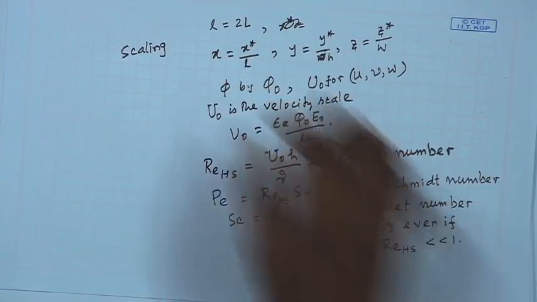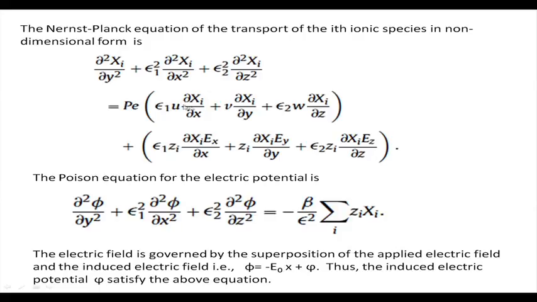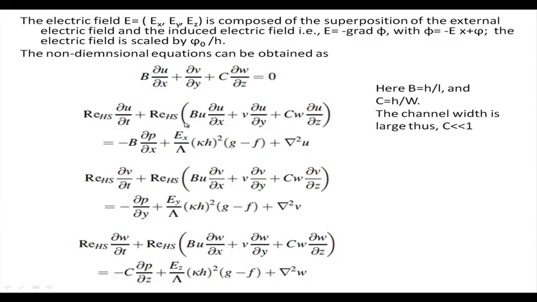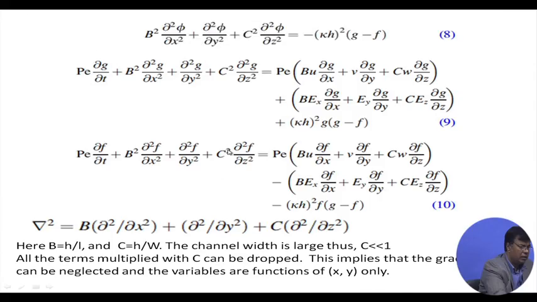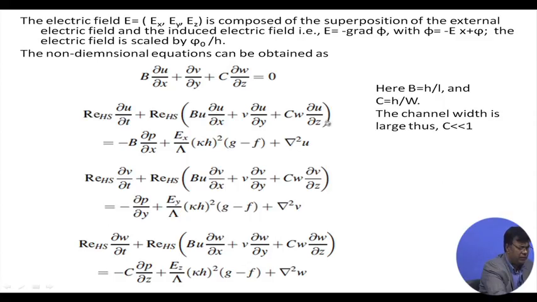That's why the convective transport of ions is not negligible in all cases, though one can drop the convective or inertia terms in the Navier-Stokes equation and take it as a simple Stokes flow, because these Re_HS are generally very small. Now G and F are the non-dimensional forms of Xi.